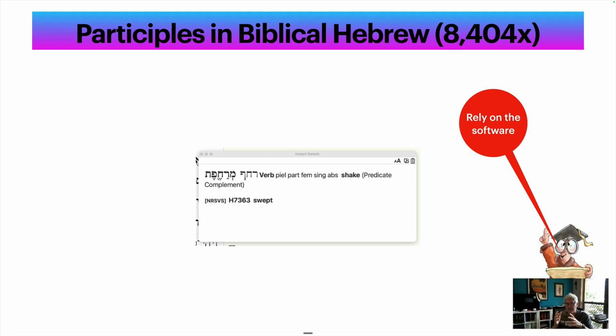It's not in a construct form, and its normal meaning would be to shake, and it's the PL, so it's an intensified form of shake. It's sometimes translated as hovered. In the NRSV, it's translated as swept.